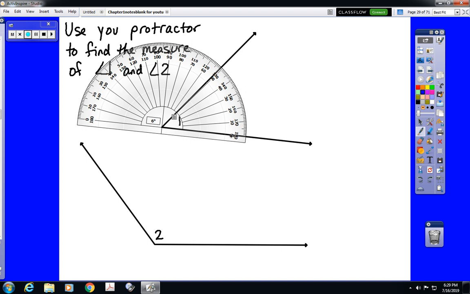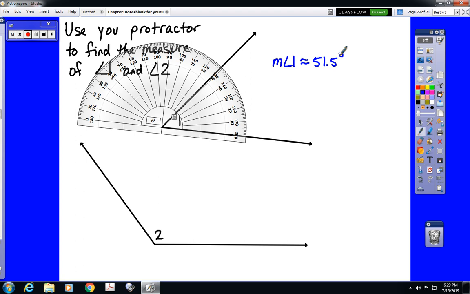So we're reading from 0, which is the inside numbers, 10 degrees, 20 degrees, 30 degrees, 40 degrees, 50 degrees, and then I'm going to say about another 1.5 degrees. So I'm going to say that the measure of angle 1 is about 51.5 degrees. I'm not going to say equals because it's not exact. I am reading it. There's human error. So I'm going to use the approximate symbol.